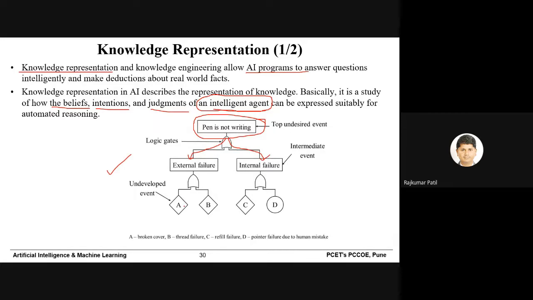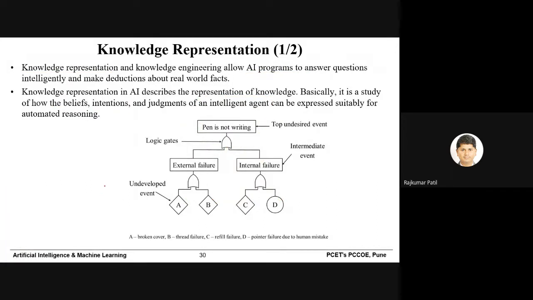The external reason could be a broken cover or a thread failure, and the internal reason could be refill failure, that is the refill is empty, or the pointer may have failed due to human mistake. This is how we can find out the root cause why your pen is not working properly, and slowly we go towards the root cause. This is one of the approaches of presenting the knowledge.